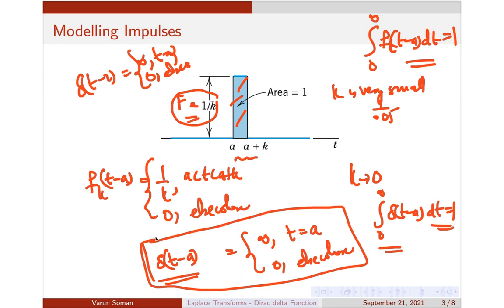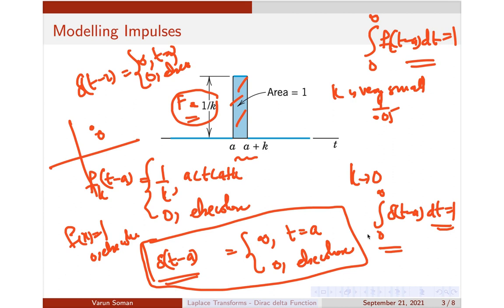For example, if your function is f(x) equal to 1 at a single point and 0 elsewhere, when you integrate, definitely the value will be 0. When you draw that graph, the value is 1 only at one point, so what is the area under this graph? Nothing is there, so your area should be 0.